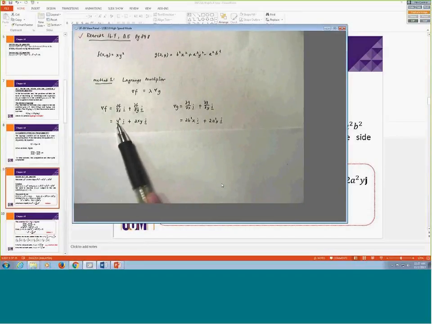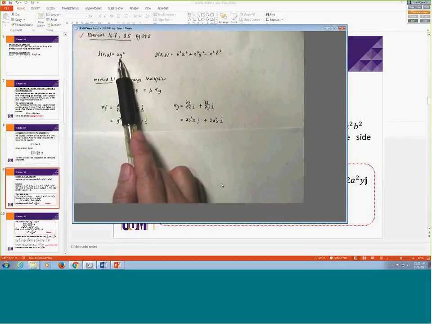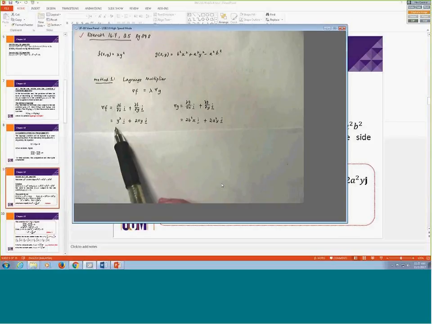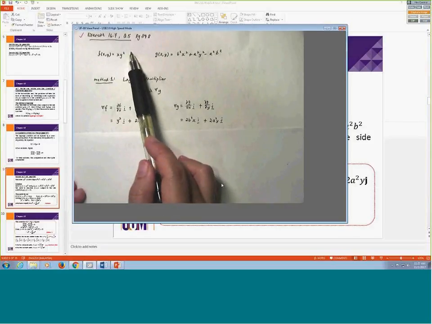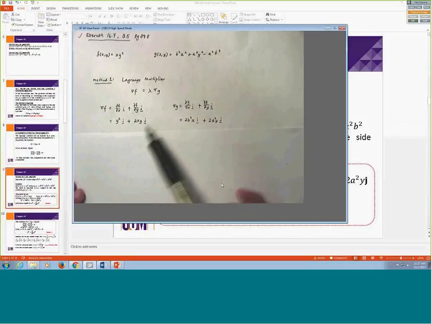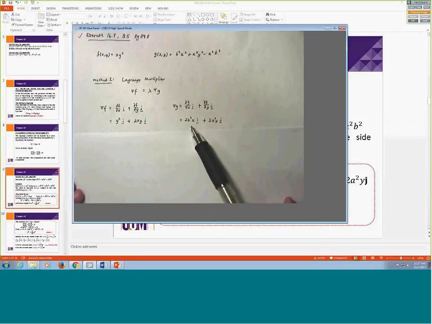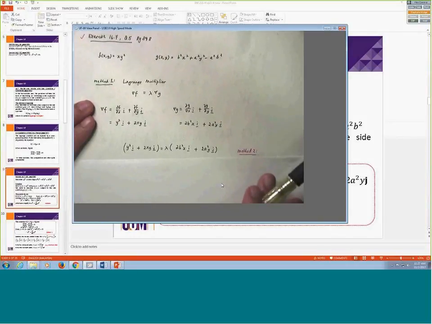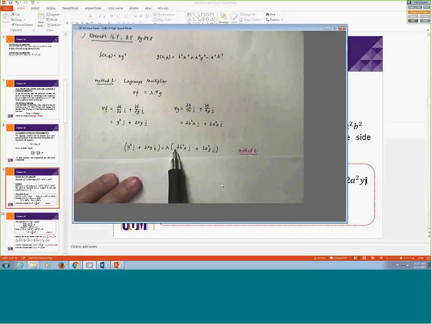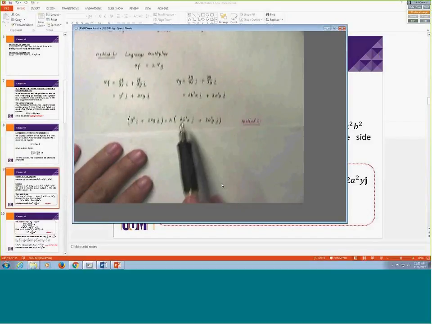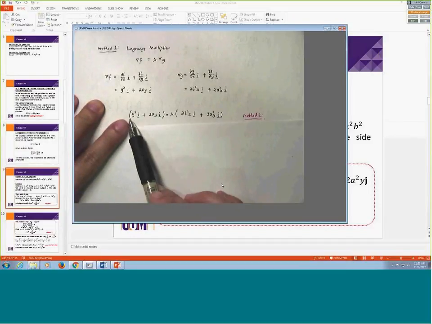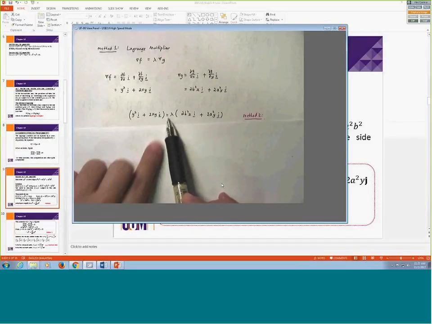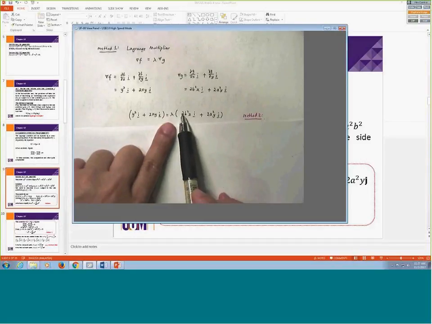Del f del x, assuming y constant, we get y squared. Del f del y, assuming x constant, we get 2xy. And this is the gradient of g. It equals these two, and then lambda. Remember, the gradient of f equals lambda gradient of g.